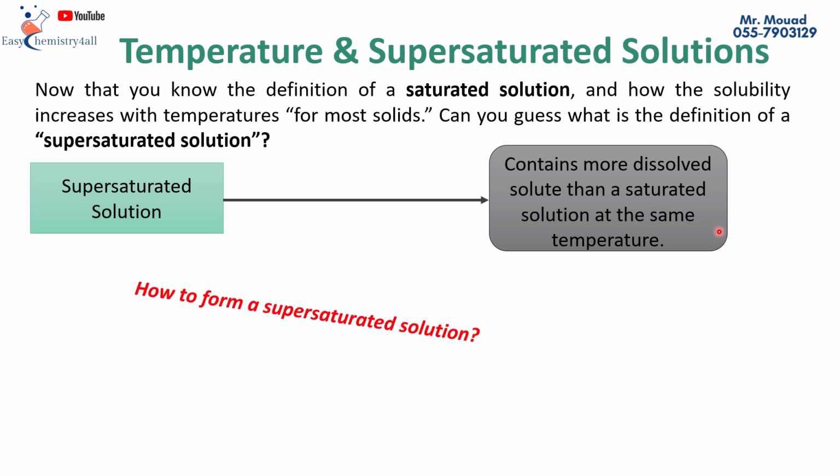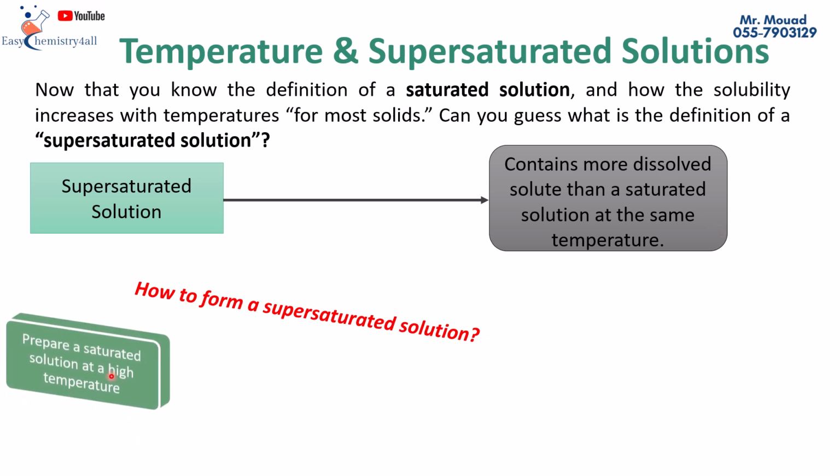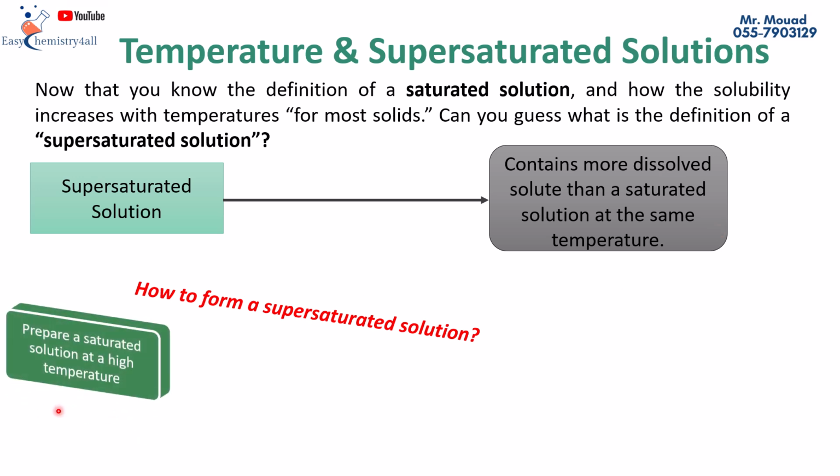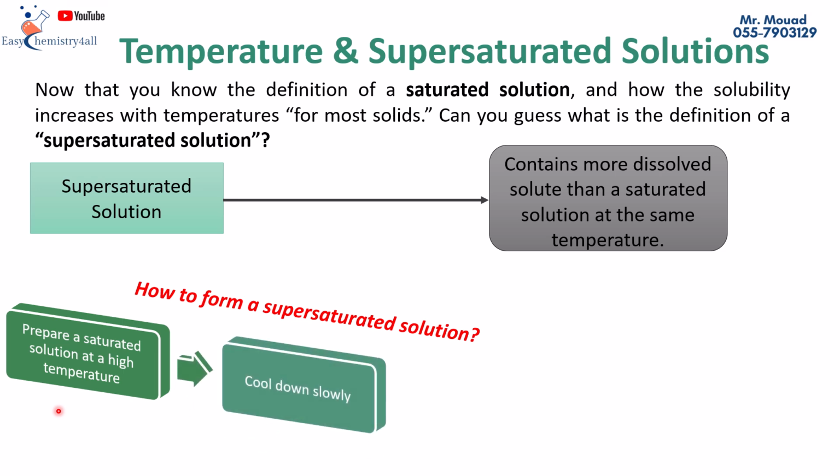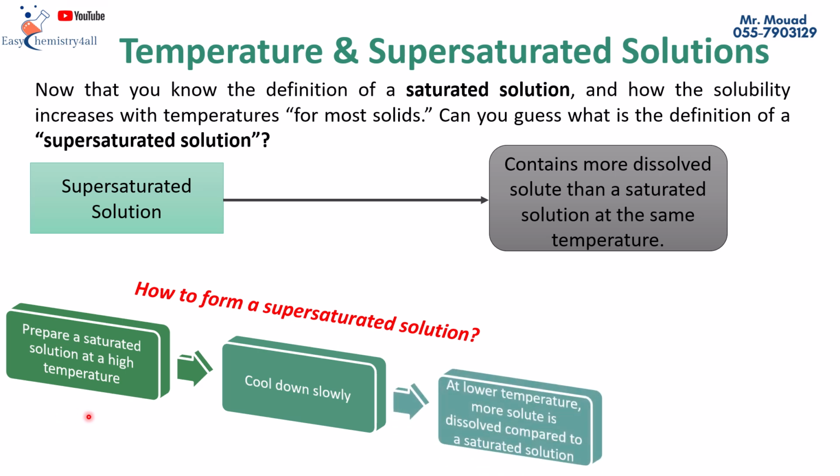How can we form a supersaturated solution? The keyword is temperature. So the first step is to prepare a saturated solution at a very, very high temperature. Then cool the solution down slowly. And then at a lower temperature, more solute is dissolved compared to a saturated solution. And that's how we prepare a supersaturated solution.